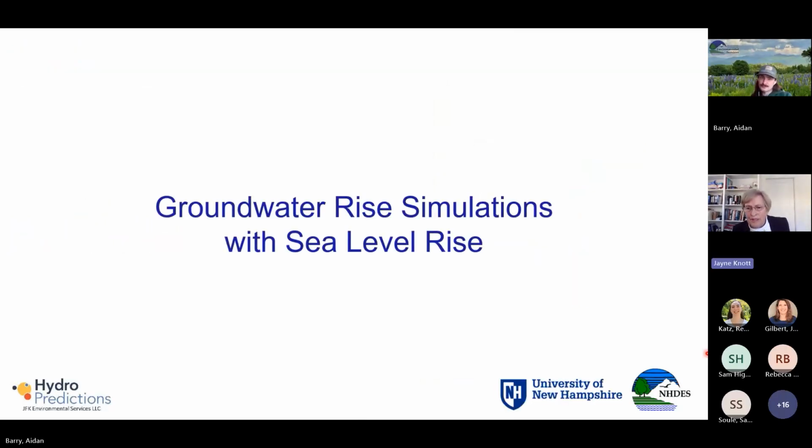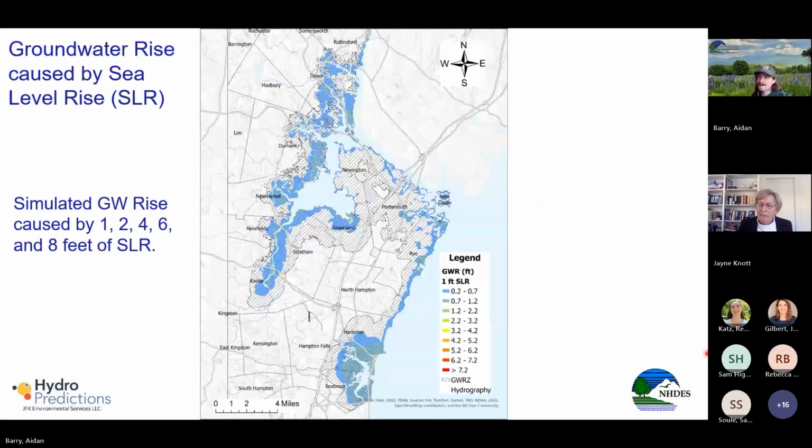So this will be an example of some of the simulations that you can see on the Coastal Viewer. Next one. This is groundwater rise. So what we did was we simulated sea level rise of 1 foot, 2, 4, 6, and 8 feet. And then we modeled to see what would happen to the groundwater as the sea level rises. So what you're seeing here is the groundwater rise.